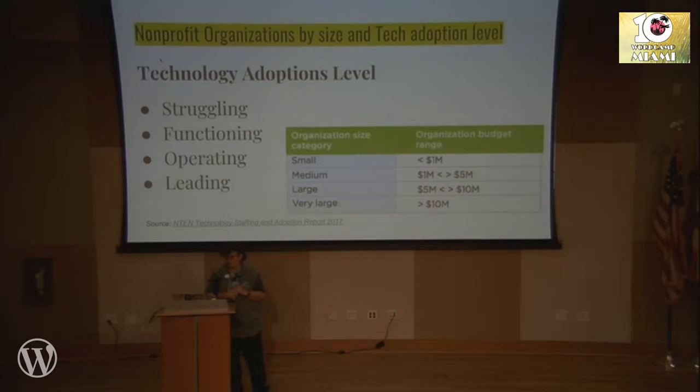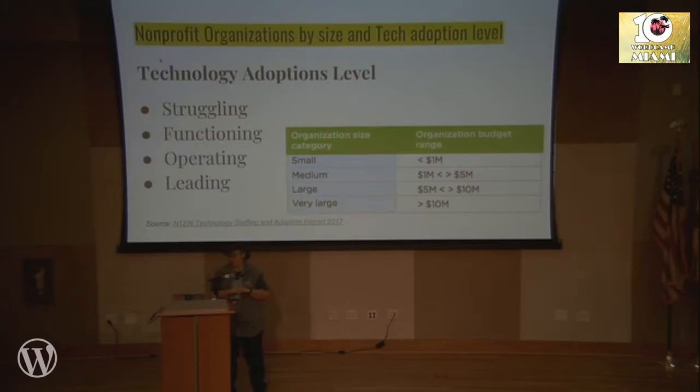They have four different sizes: small, middle, large, and very large nonprofit. The small nonprofits have a $1 million annual budget and lower.